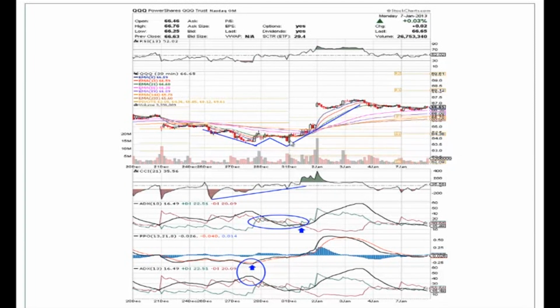So you could have had an entry here, which actually was quite close then to what the middle area would have been, and it continued to climb and then went flat for a few days.